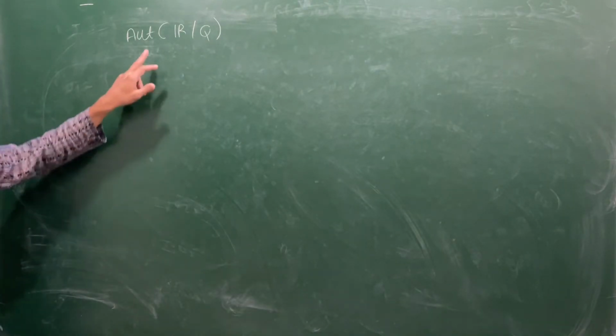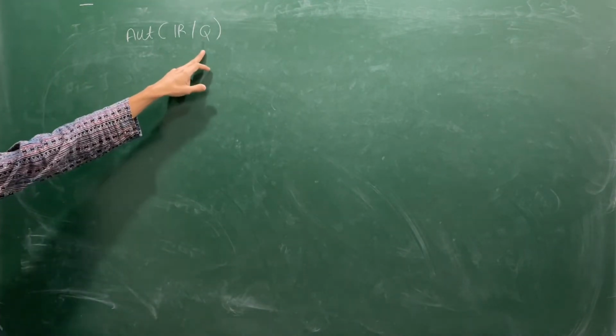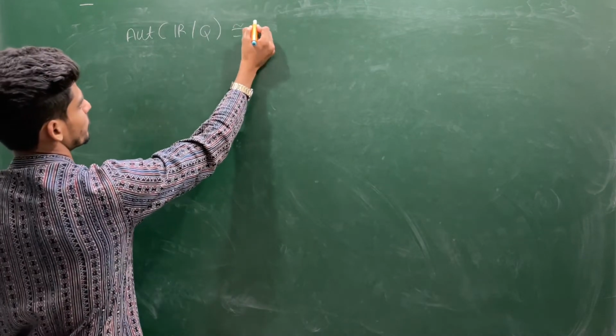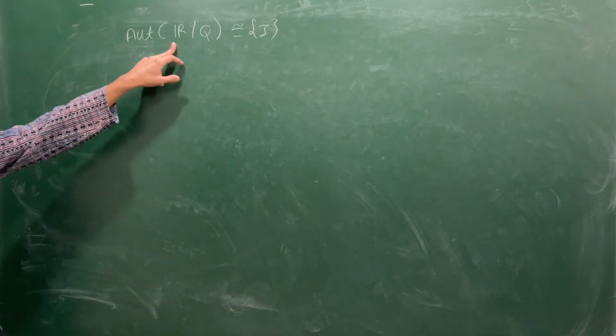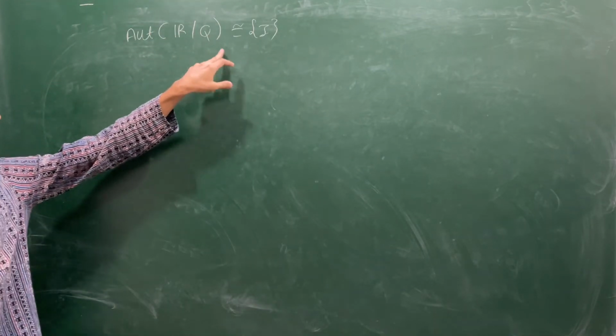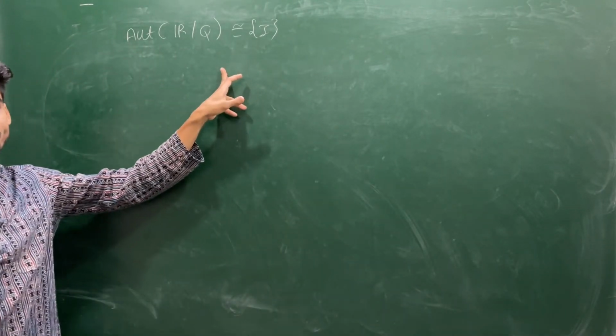Out of R over Q, how many automorphisms are there from real numbers to real numbers which fix rationals? Basically, this group is isomorphic to the trivial group. So try to prove every automorphism from R to R which fixes rationals is only the identity map. No other map can exist.